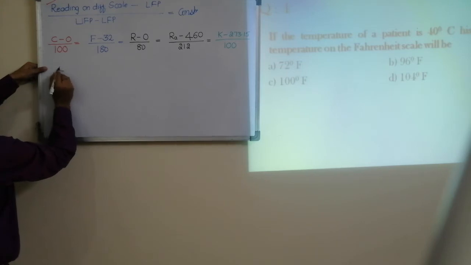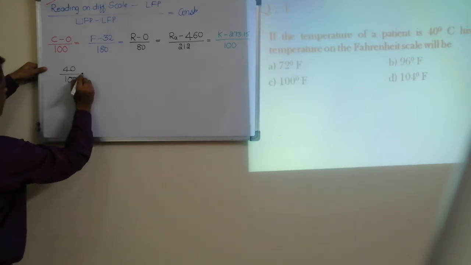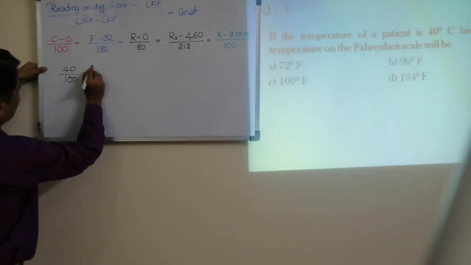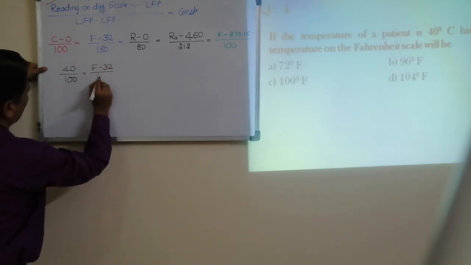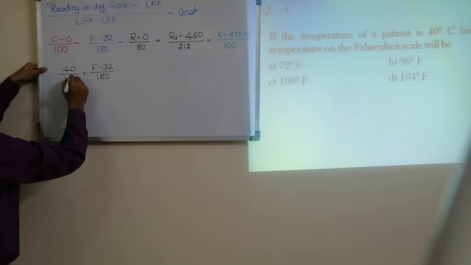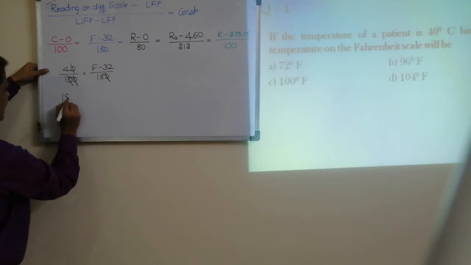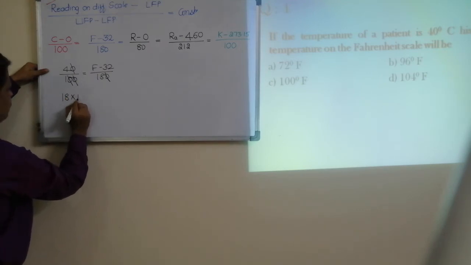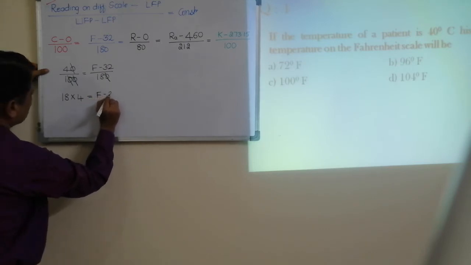So (40 minus 0) by 100 is equal to (F minus 32) by 180. This 0 gets cancelled, and cross multiply. 18 into 4 is equal to F minus 32.